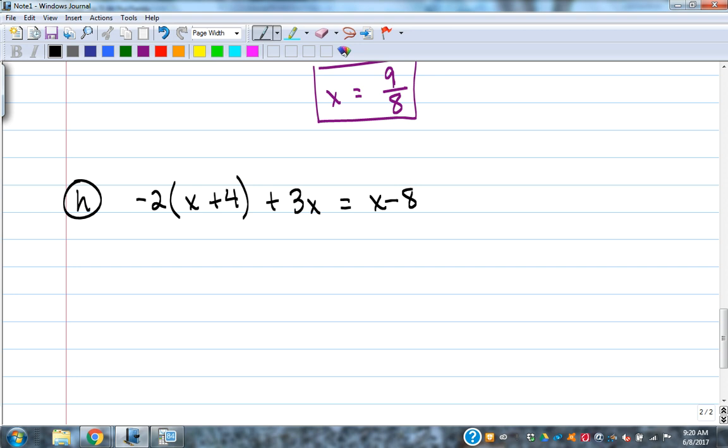So we've got a lot of x's in this problem, but order of operations is still math, so I've got to go where first? Parentheses. And parentheses in an equation usually tell us to do what? Distributive property. So we distribute -2 to everything in the parentheses: -2 times x is -2x, -2 times 4 is -8. Everything else is the same.